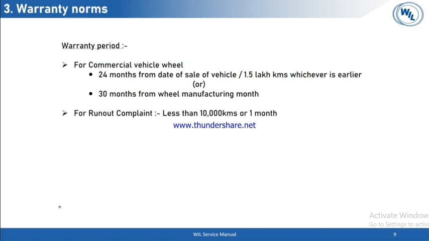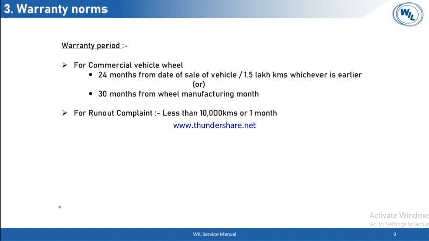From the date of manufacturing, we calculate 30 months. So we are giving another 6 months: 24 months from the date of sale of vehicle, or 30 months from the date of manufacturing of the wheel. Why the 6-month grace period? Because when we produce a wheel and supply it to the OEM, the OEM sells to a distributor or dealer, and then the dealer to the end customer.